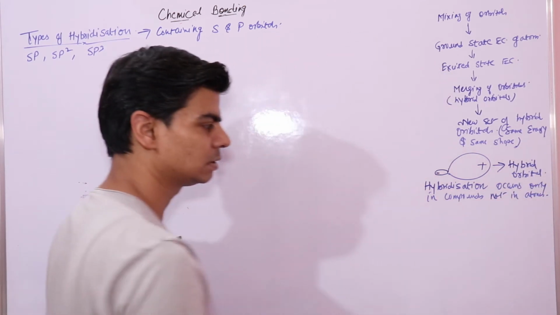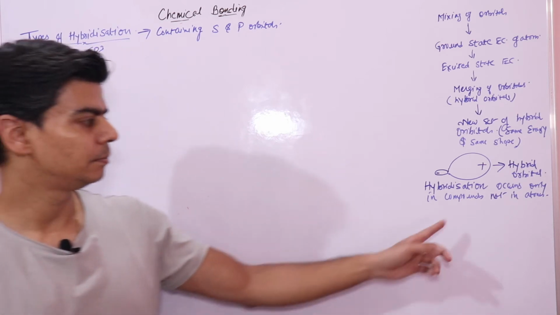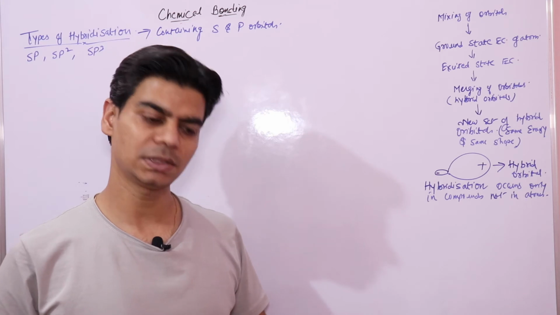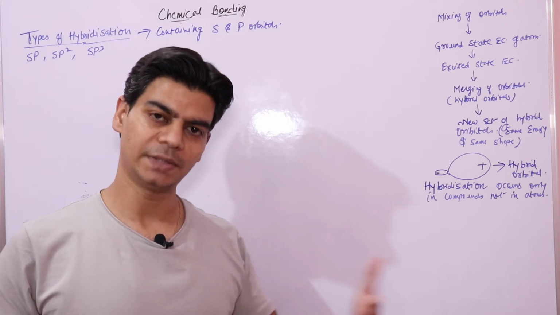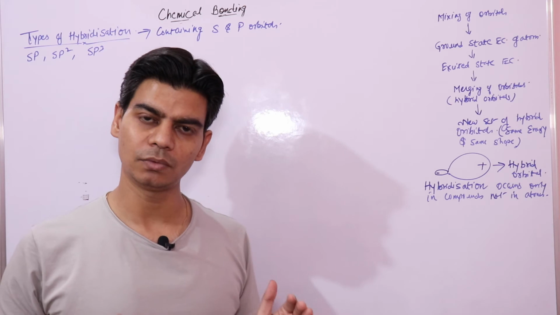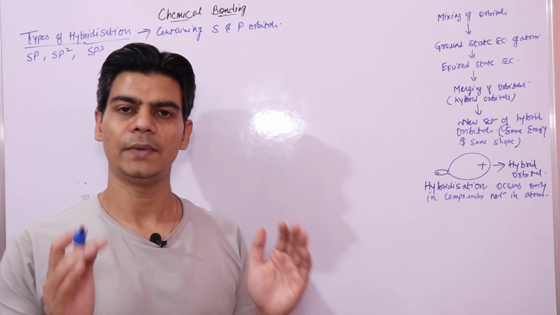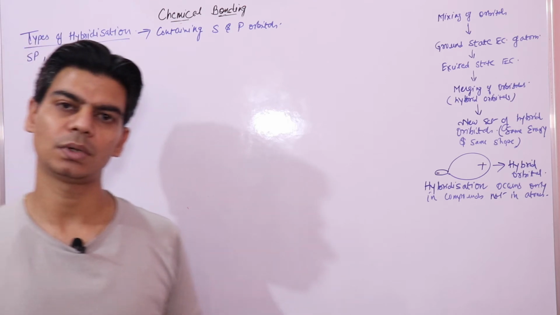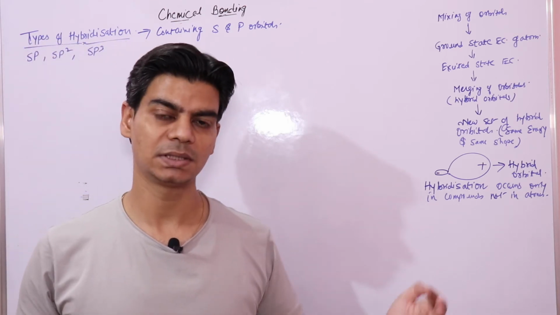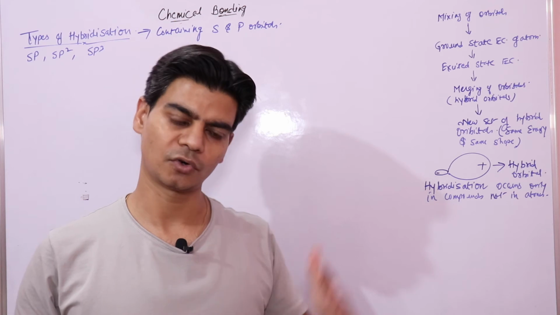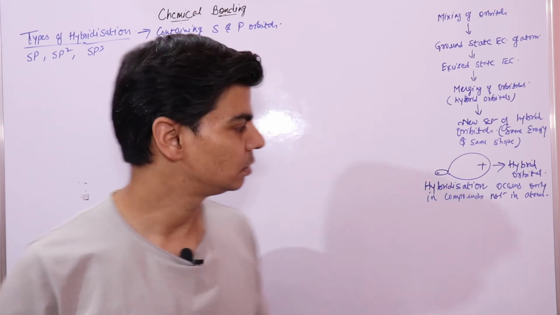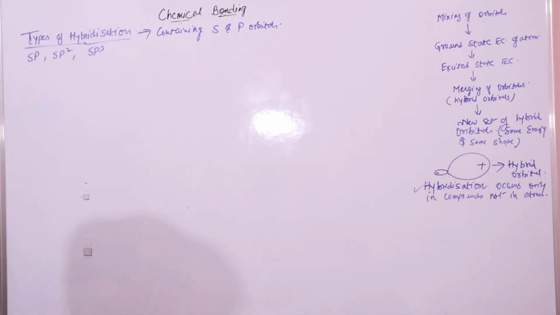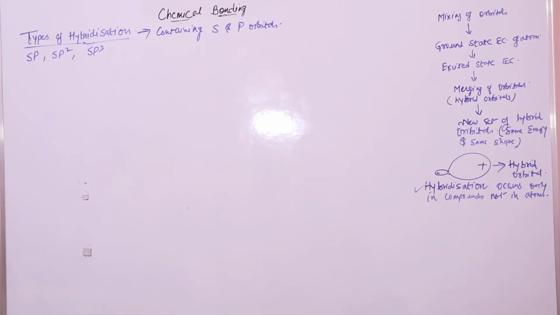We have discussed the reason for this, because we have a promotion concept in hybridization, and promotion will only take place when compound formation takes place. During compound formation, when two atoms come close to one another, energy would be released due to attractive interactions, and this released energy will move an electron from the filled orbital to the empty orbital, right? So these are important things, right?